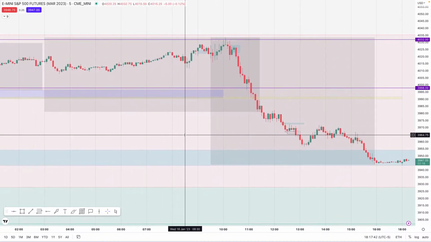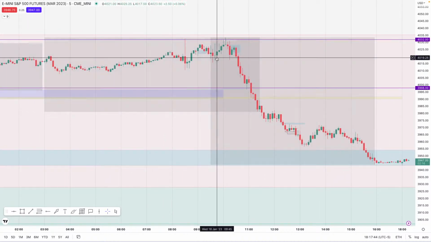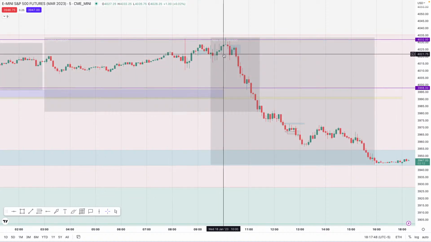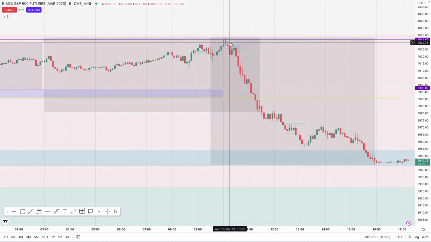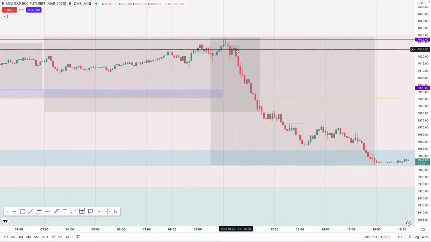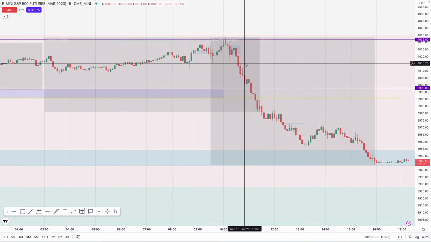I actually took this trade right here on the 15-second chart because it presented the exact same as this trade right here, which we'll see on the 1 minute.